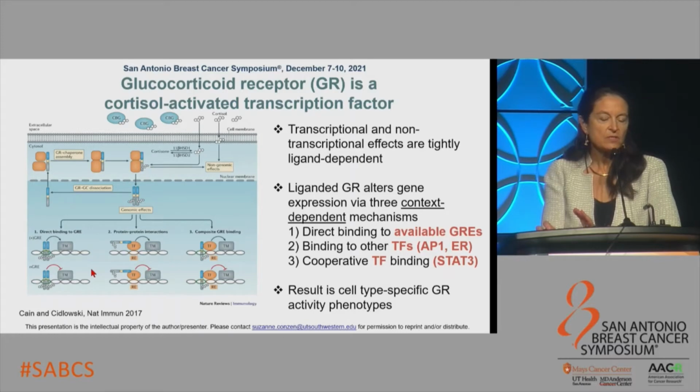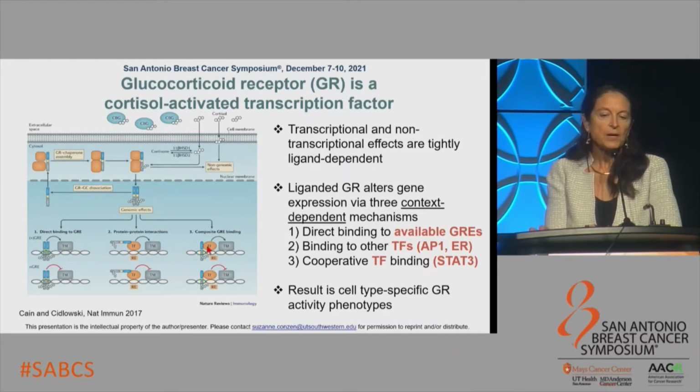But it's important to note that glucocorticoid receptor activation also works through other transcription factors. And so glucocorticoid receptor can act through other transcription factors, including the estrogen receptor, which it appears to inhibit, AP1 and Jun. These interactions with other transcription factors can either initiate transcription or they can bind to repressive areas which inhibit transcription.